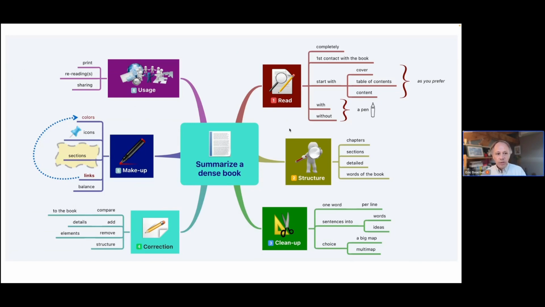Moving on, topic number 6, which is usage. What you do with your mind maps. And I've got question number 3 for you, which is how you usually share your mind maps. Do you produce them for yourself?